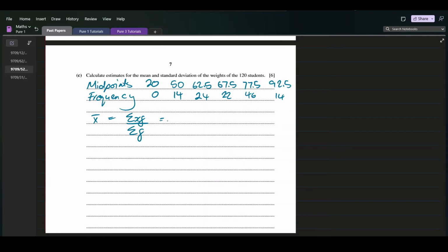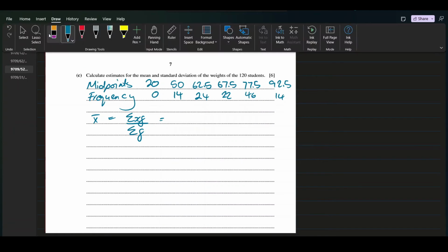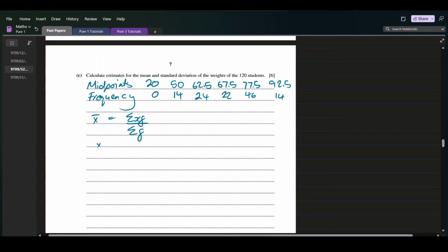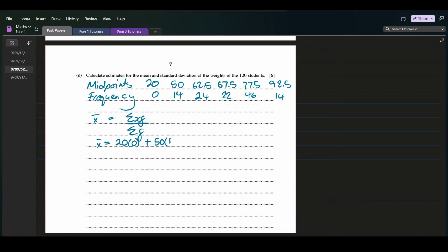So in our case, let me write it on the next line. So this would be x bar is equal to 20 times its frequency, that's 20 times 0, plus 50 times 14, plus 62.5 times 24, plus 67.5 times 22, plus 77.5 times 46, plus 92.5 times 14.